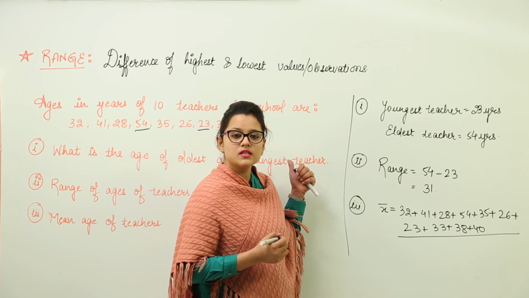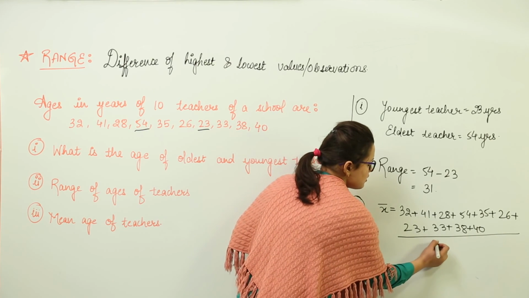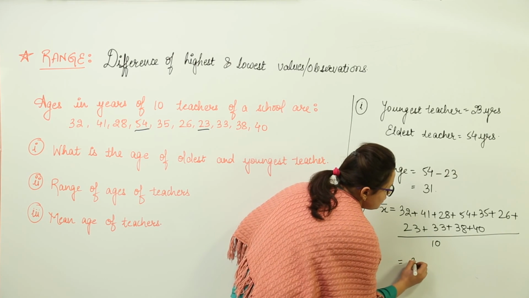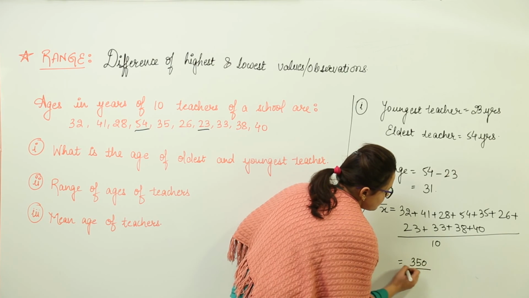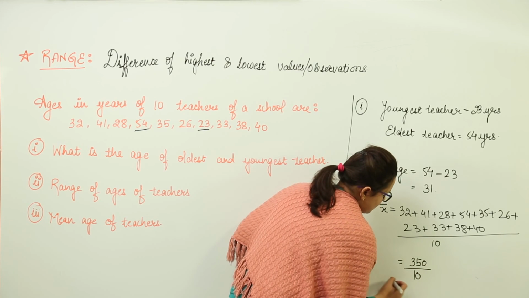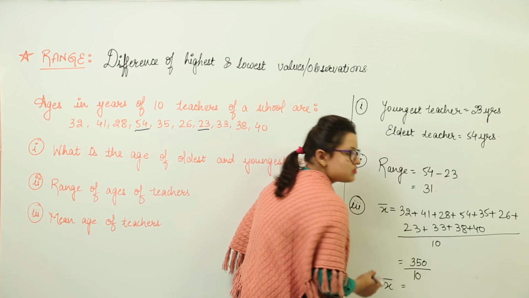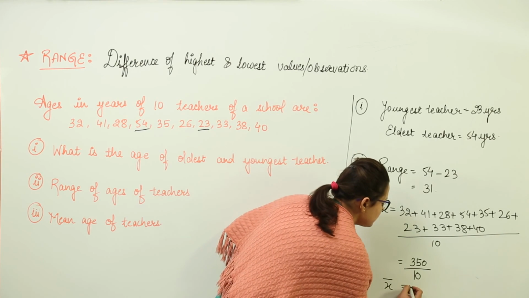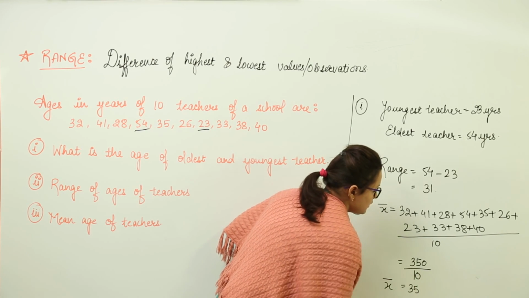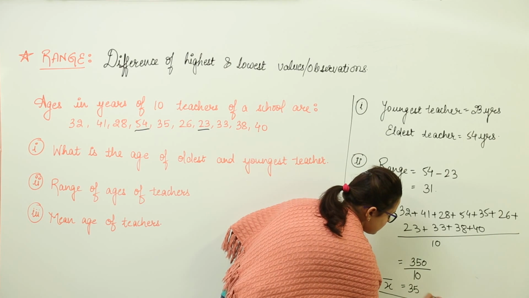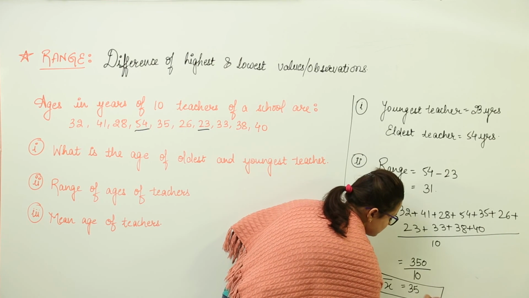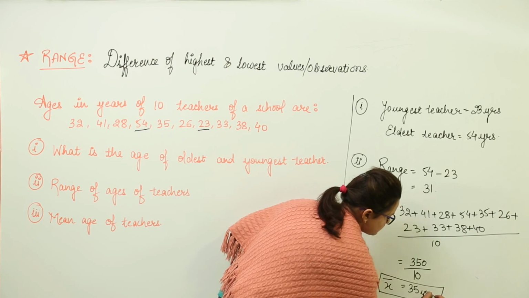How many observations are there? There are 10. So we get 350 on adding up all the observations, divided by 10. So the mean of the ages of the teachers comes out to be 35. That is, the mean age is 35 years.